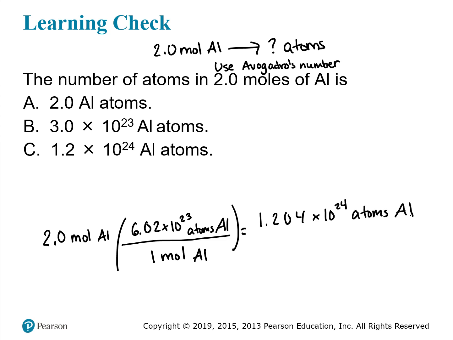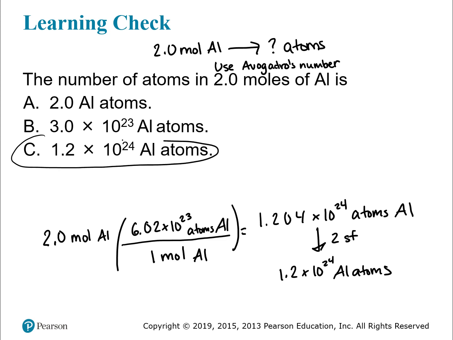But we can only have 2 sig figs. That leaves us with 1.2 times 10 to the 24 aluminum atoms. And that's C.